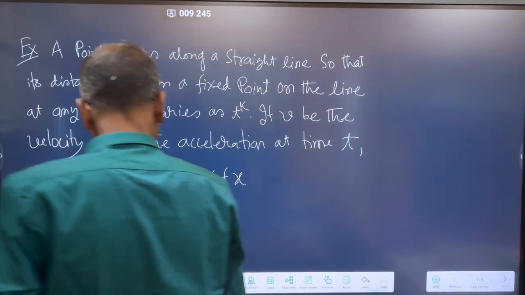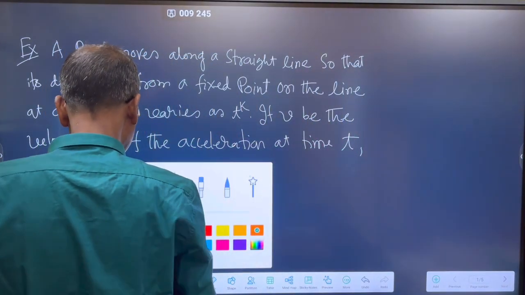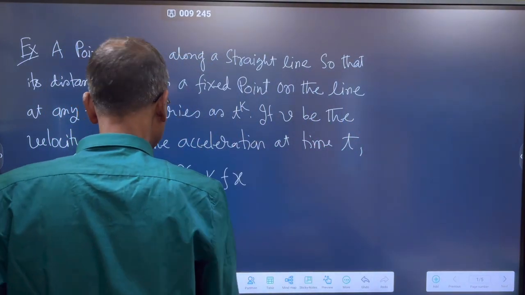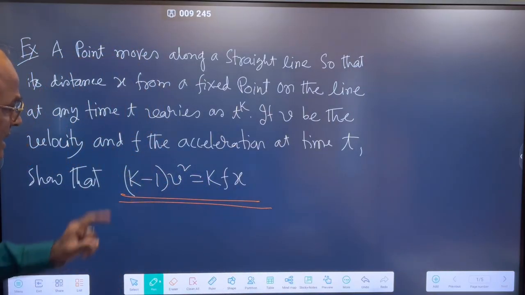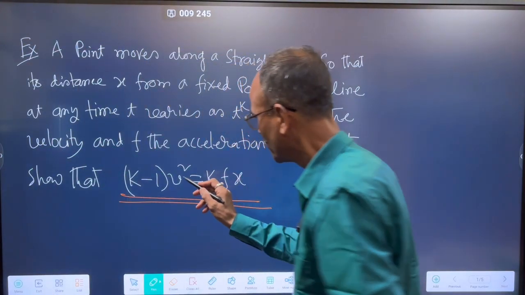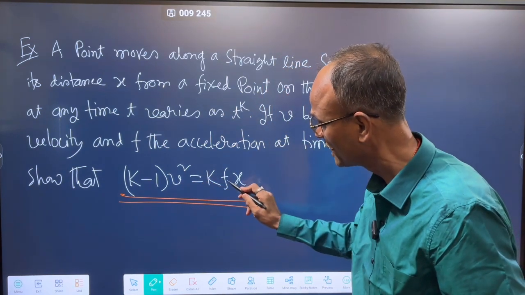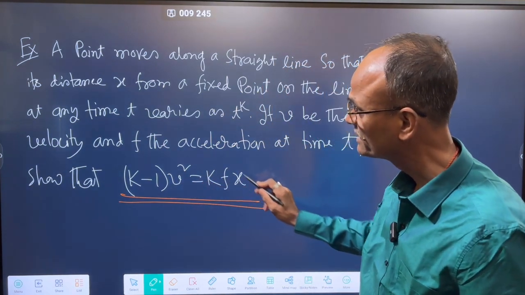We are to show this. What is in it? v velocity, f acceleration, and x distance.